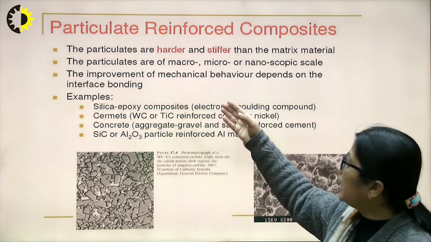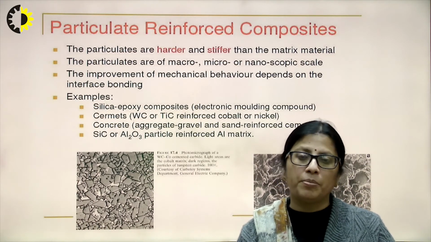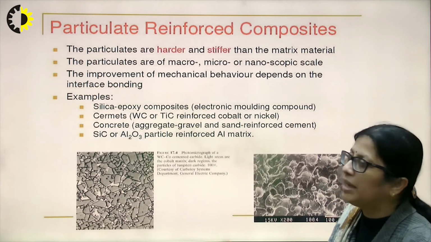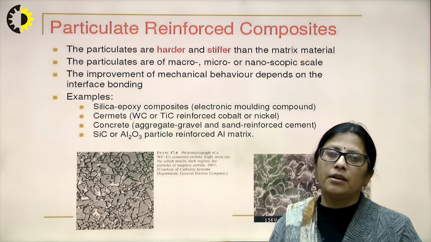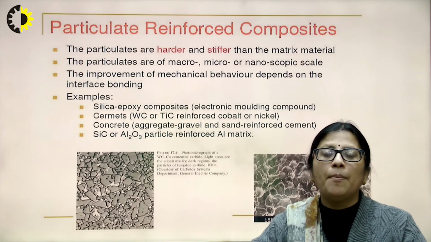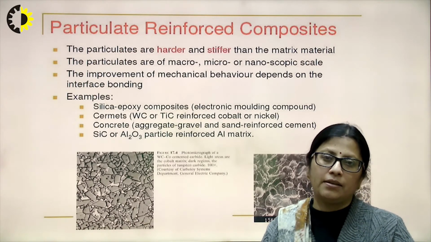These particulates can be of macro, micro, or nanoscopic scale, and the improvement of the mechanical behavior depends on the interface bonding. How good the strength is depends upon the bonding between the matrix and the reinforced material.